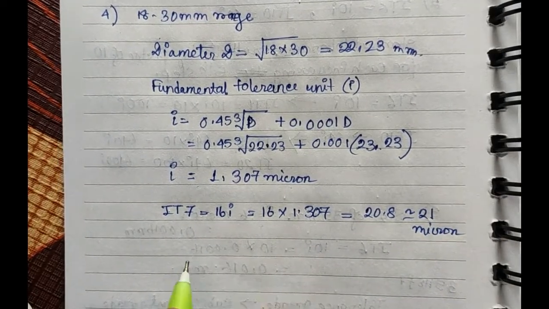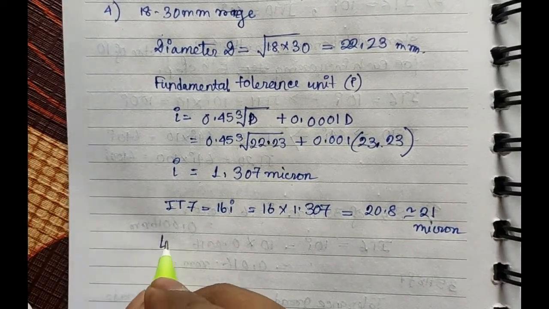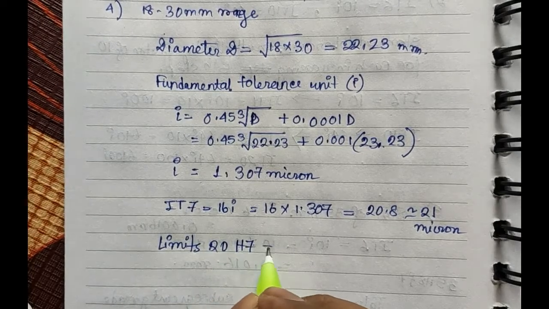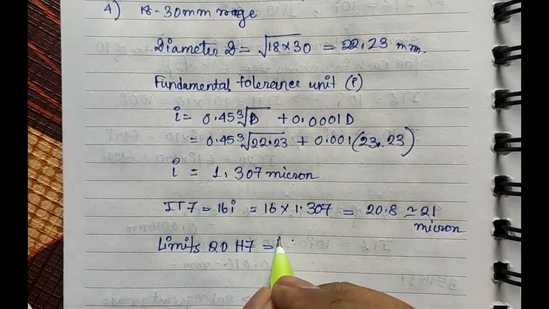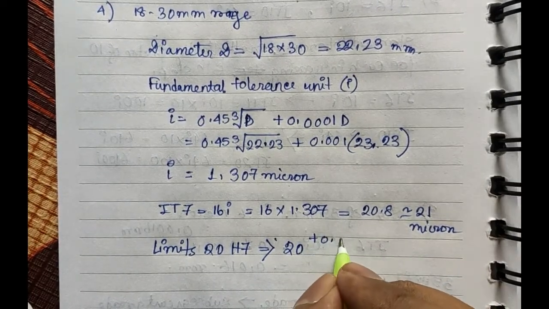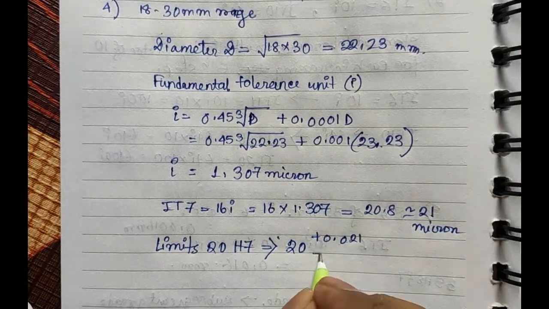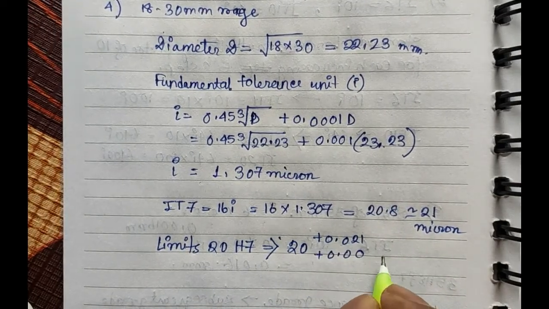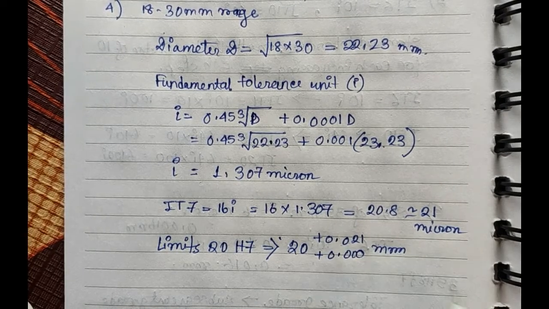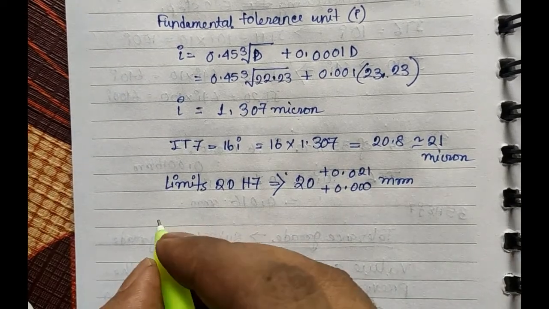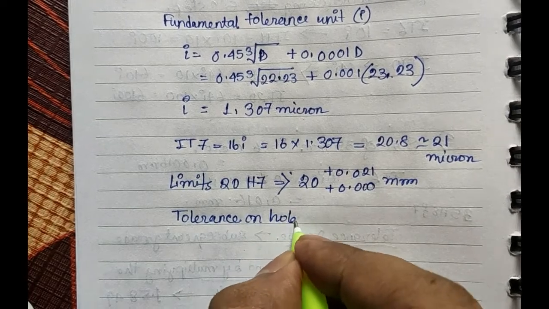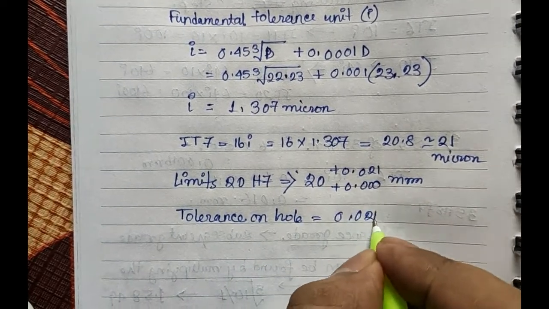Okay, since we have found the 21 micron, the limits of 20H7 will be written as 20 plus 0.021, plus 0.000 mm, and the tolerance on the hole will be 0.021 mm.